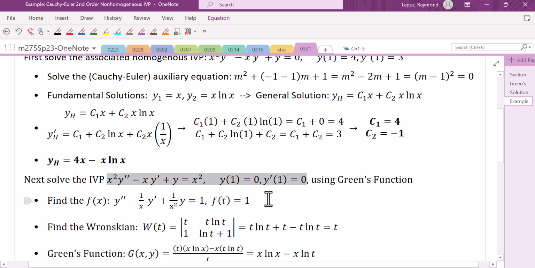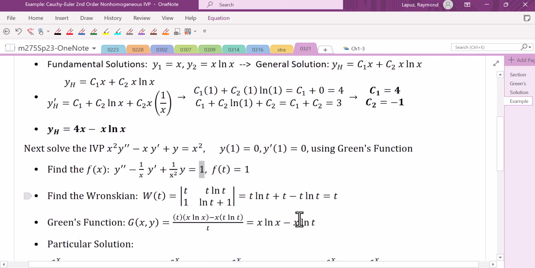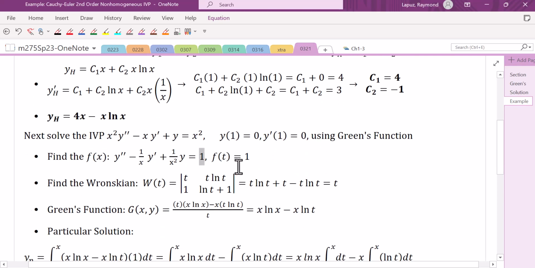And then we use Green's function, and remember, in order to use Green's function, we're going to use the f of t, and the f of t has to come from the non-homogeneous equation where the coefficient of the y double prime is equal to 1. And so in this particular scenario, it turned out that the f of t is just equal to 1.